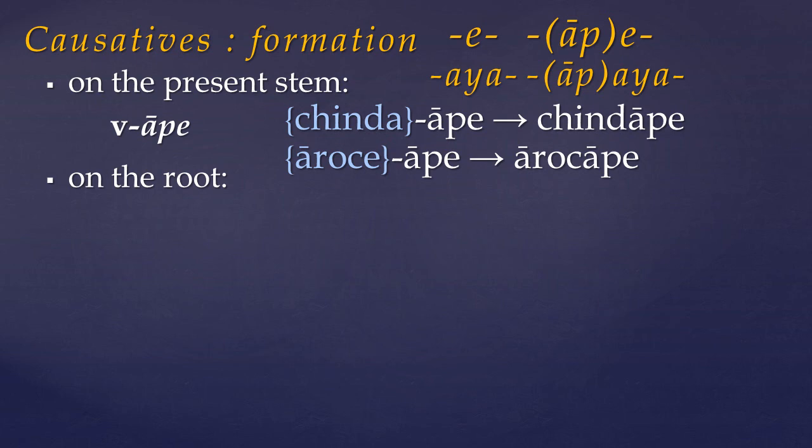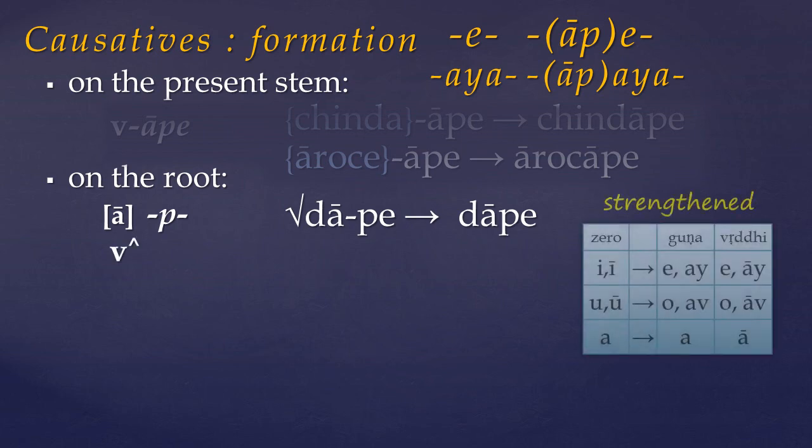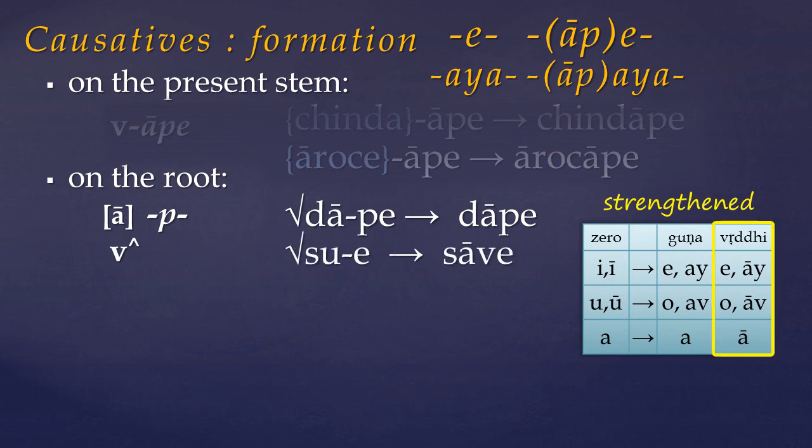On the root, well, the available grammar guides vary quite a lot, probably because they, like myself, oversimplify. So here I am following Stephen Collins. Now, when the root ends in a long a, we insert a p to get paye or paya. Roots which end in vowels other than a long a, then the vowel is strengthened to the vriddhi grade.